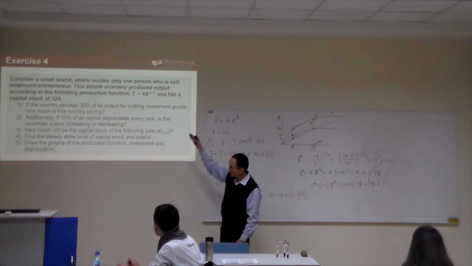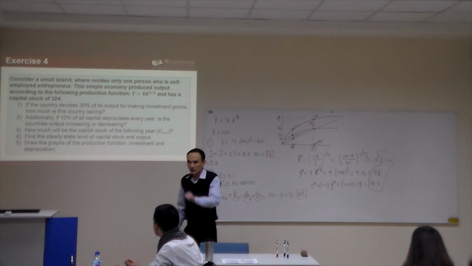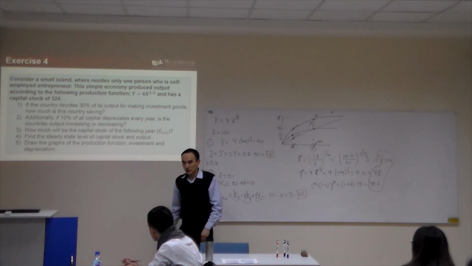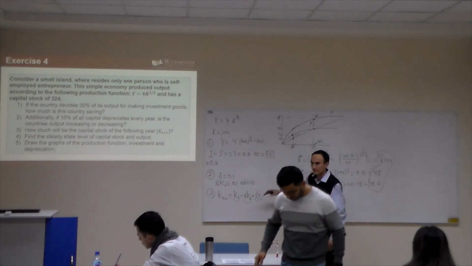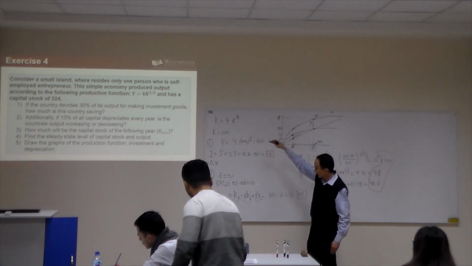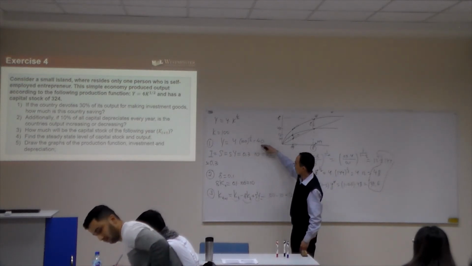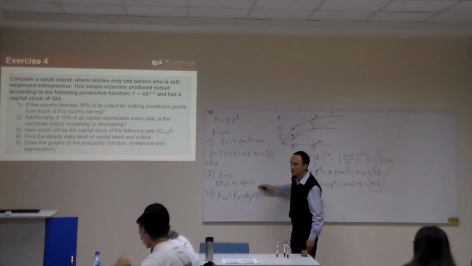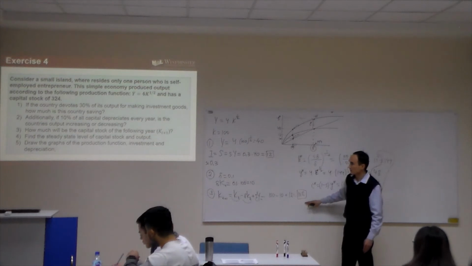So the only difference is capital, which means that Robinson was able to reach that ship and bring too much capital. Please, you already know how to calculate this. Quickly apply the steps that we did and find Robinson's output, the investment he's making, depreciation, and next year's capital.